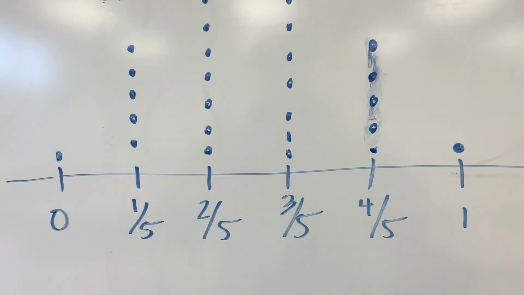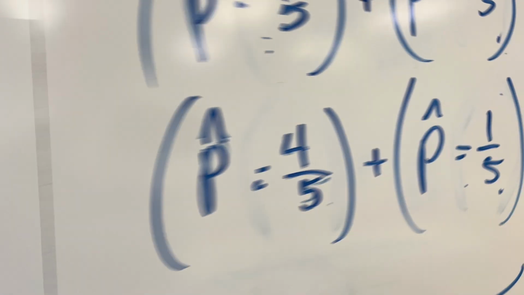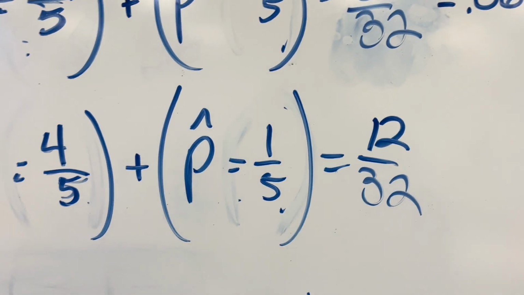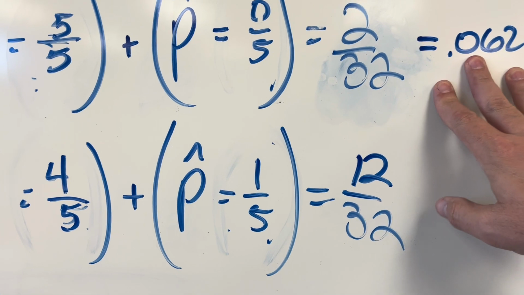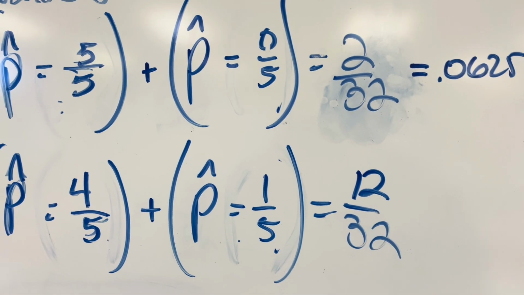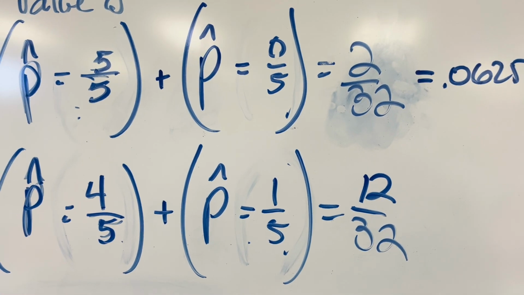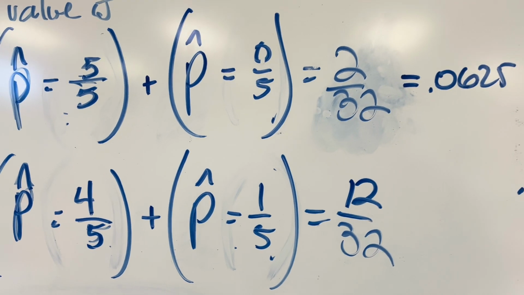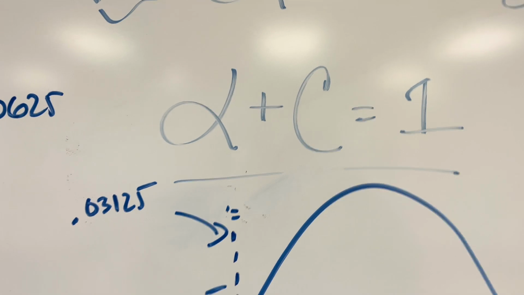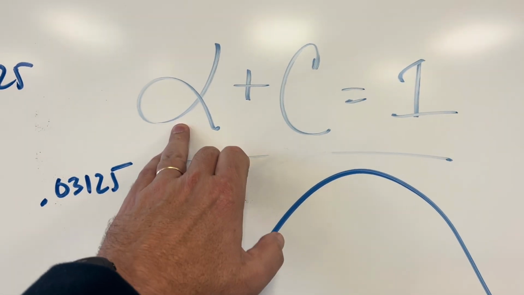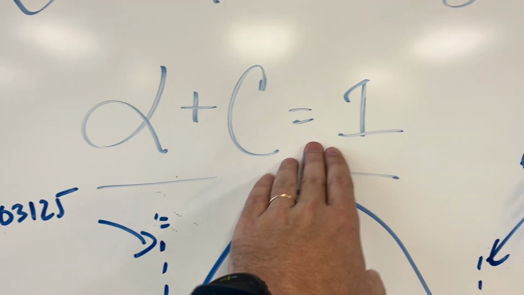Okay, so that's a total of 12 out of 32. Now, we're going to be focused on this 0.0625 because that was our original problem. Okay. Now, let me just remind you that your alpha plus your confidence level has to add to 1.